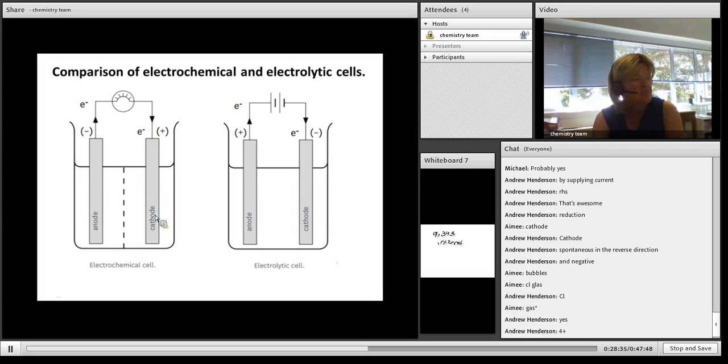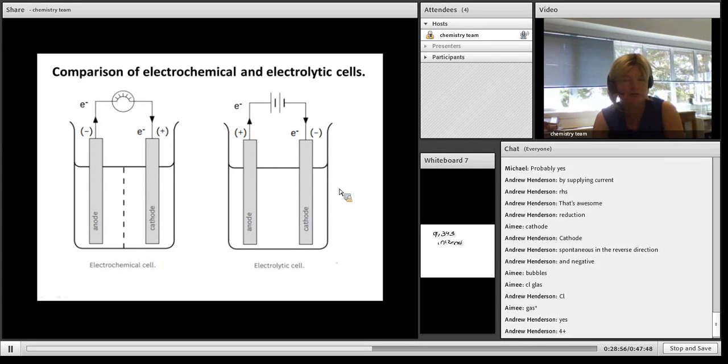You've got always the cathode, reduction happening at the cathode, and so the electrons are going over here away from the anode that's giving away the electrons to the cathode, and the cathode is positive. So that's the main difference between the two in terms of cathode and anode.